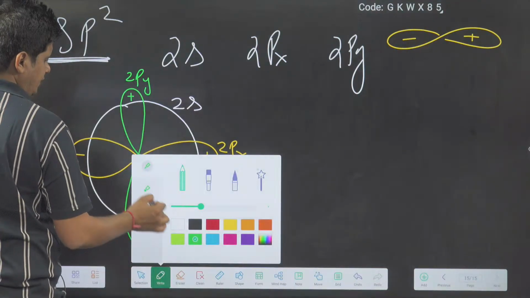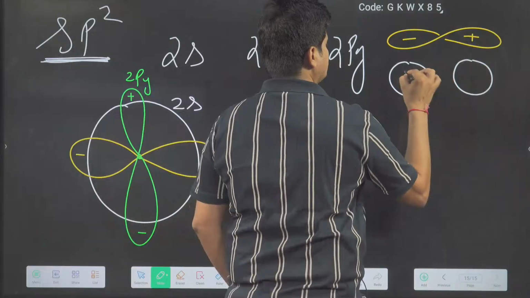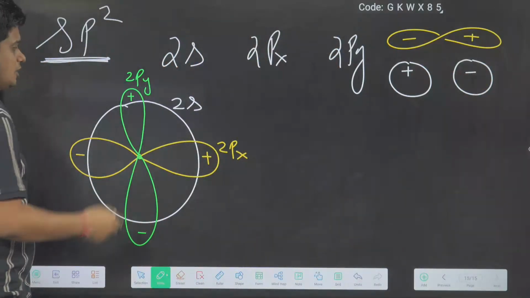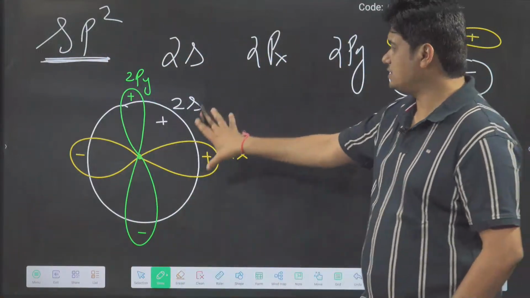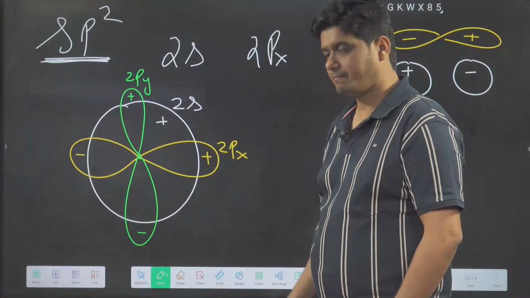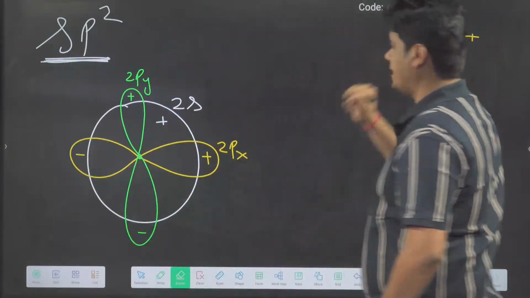In case of an s orbital, I can use either a plus sign or a minus sign. It is my choice. So I'm using one of them, let's say plus. So these are the atomic orbitals before hybridization.